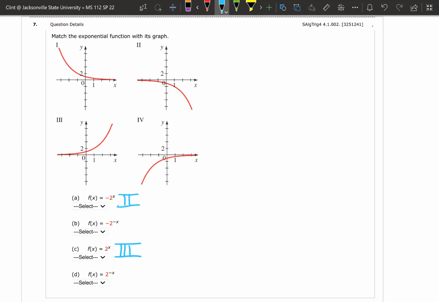And then I would go down to the last one, because I don't want to mess with the double minus sign yet. It's 2 to the negative x. Since the minus sign's with the x, that flips left and right. So we're starting here, we flip left and right. Which one's that? Yeah, it's 1. And then the last one's got to be 4, but the 4 has flipped left and right and top and bottom.